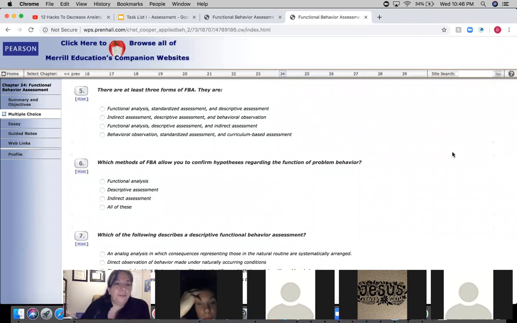All right, number 5. There are at least 3 forms of FBA. They are A, functional analysis, standardized assessment, and descriptive assessment. B, indirect assessment, descriptive assessment, and behavioral observation. C, functional analysis, descriptive assessment, and indirect assessment. Or D, behavior observation, standardized assessment, and curriculum-based assessment.